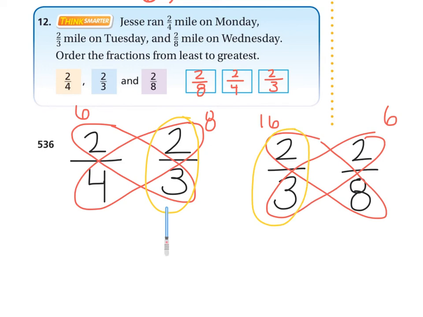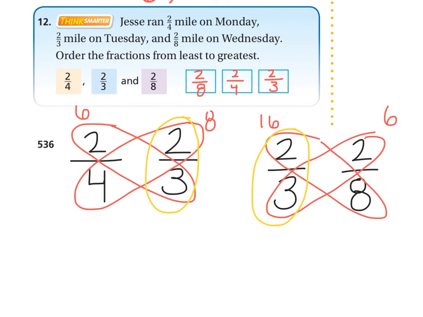So look at that, 2/3 won both times. So I definitely know that 2/3 is the greatest fraction here. So now I still need to figure out which is greater, which is less, 2/3 or 2/8. I definitely know 2/3 is going to be my greatest fraction.